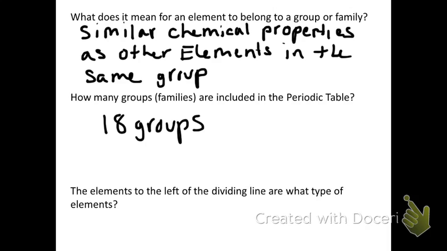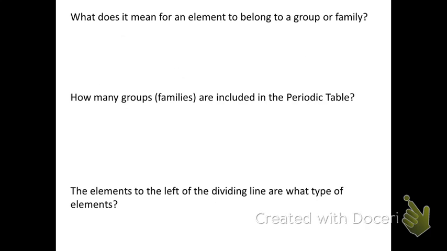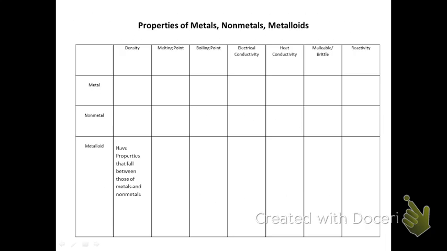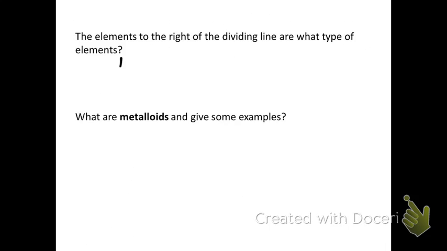And so elements to the left of the dividing line are known as metals, whereas elements to the right of the dividing line are known as non-metals.